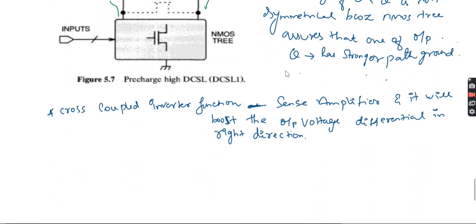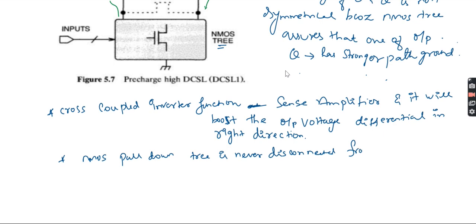So here a very important thing: the NMOS pull down, this is pull down, right? That is only the NMOS tree. The pull down tree is never disconnected from the output.